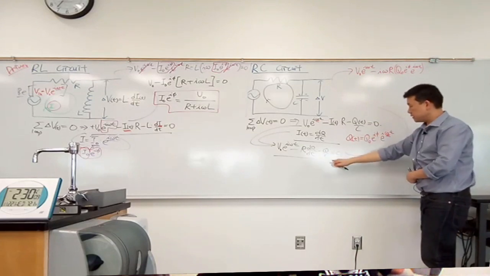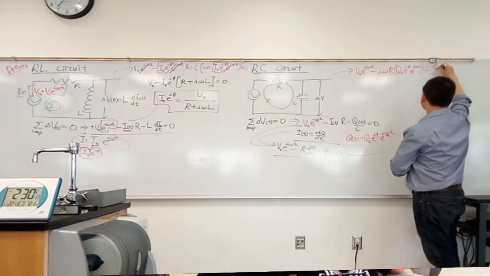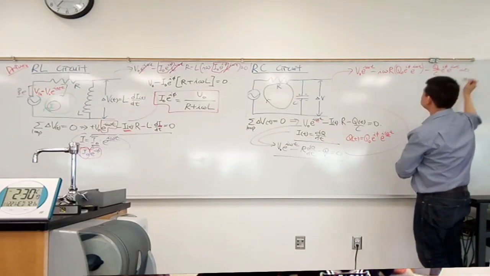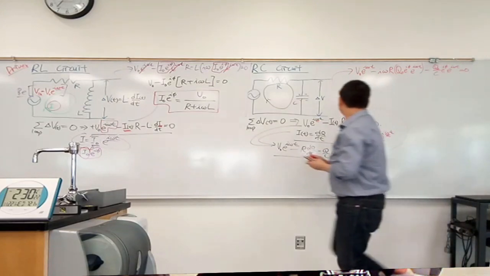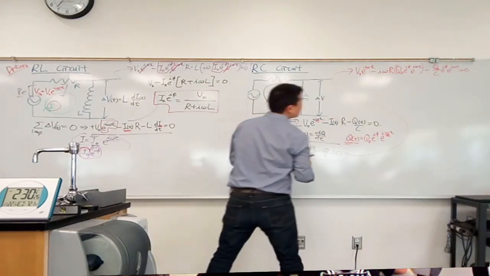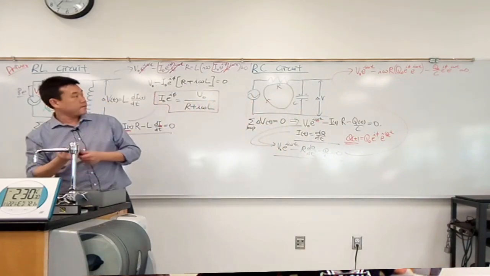That's the second term. And the last term, minus Q over C, so Q naught over C e to the i phi e to the i omega t, is equal to 0. So I can solve this for Q of t.